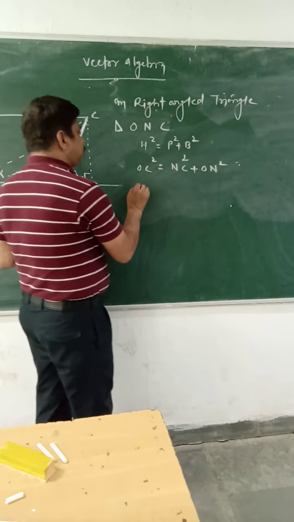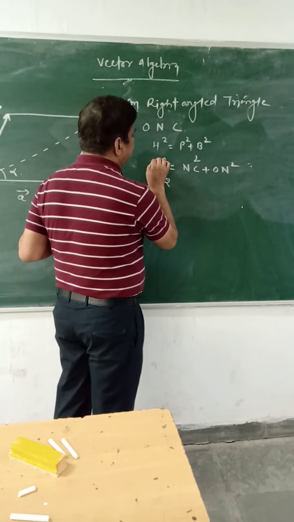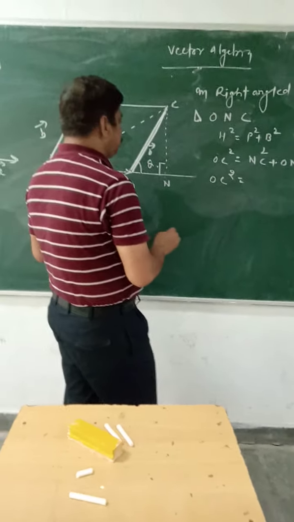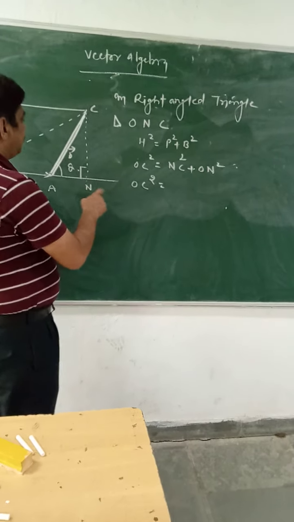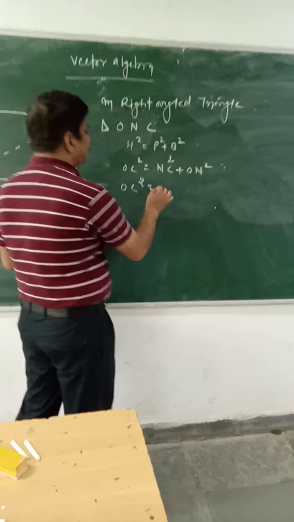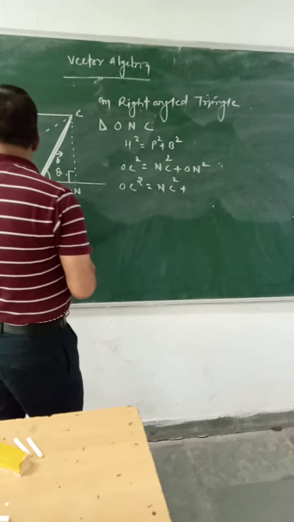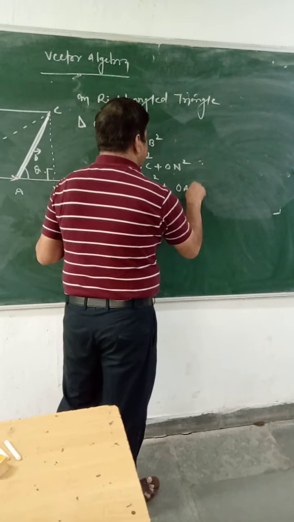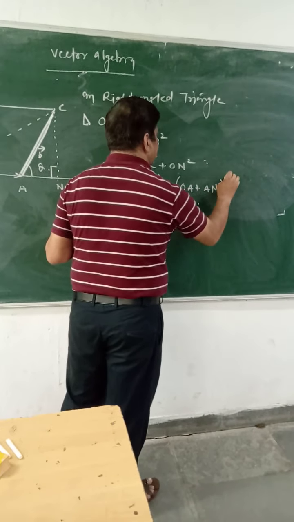Now this OC square can be written as NC square, and ON can be written as OA plus AN whole square.